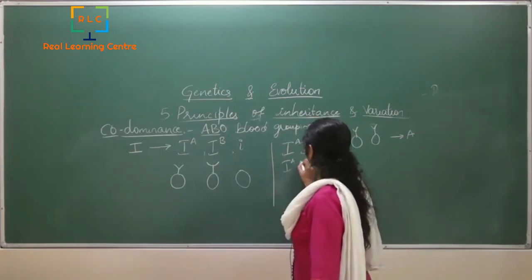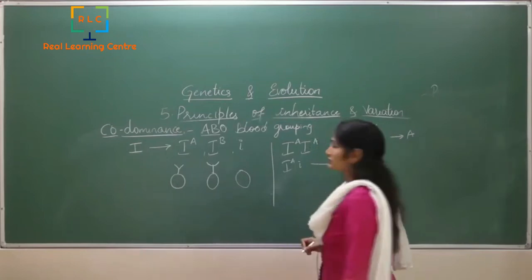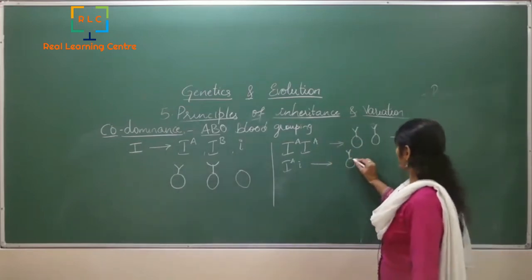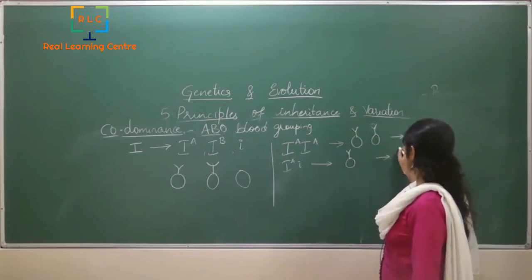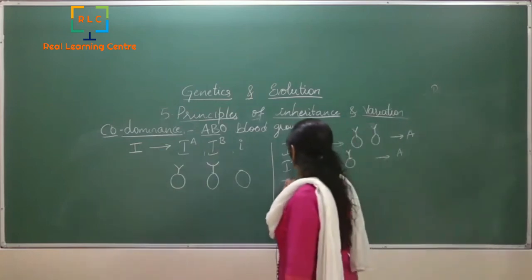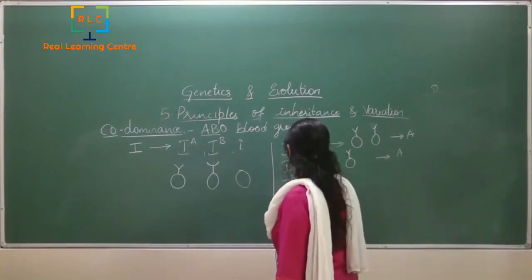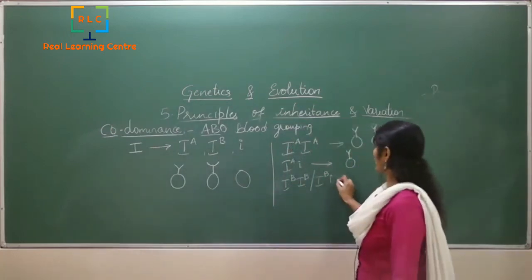If it is IA and i, even then the blood group will be like this. So this is the same, right? Similarly, there can be IB and IB, or IB with the small i.